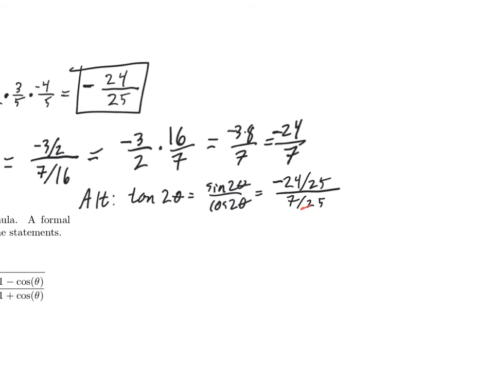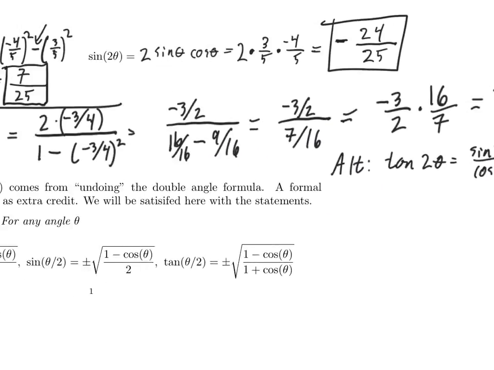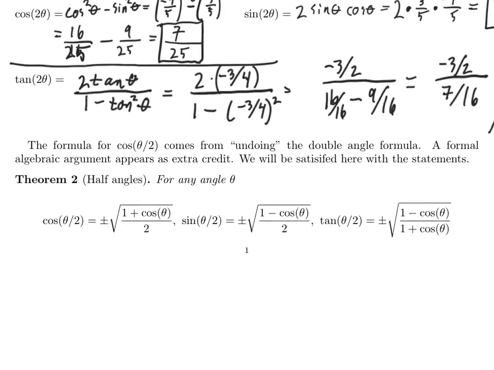The numerator and denominator are both divided by 25, so those will cancel. If you feel uncomfortable with fractions, then maybe you want to multiply by the reciprocal, but then you'll cancel the 25s immediately anyway, and you'll end up with negative 24 over 7. Nice, which is consistent. So that should make you feel more confident in the answers.